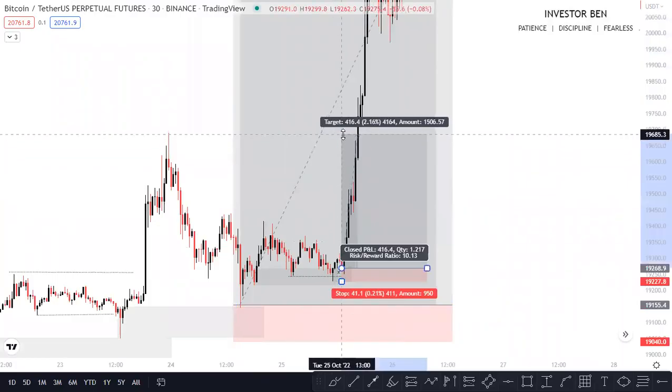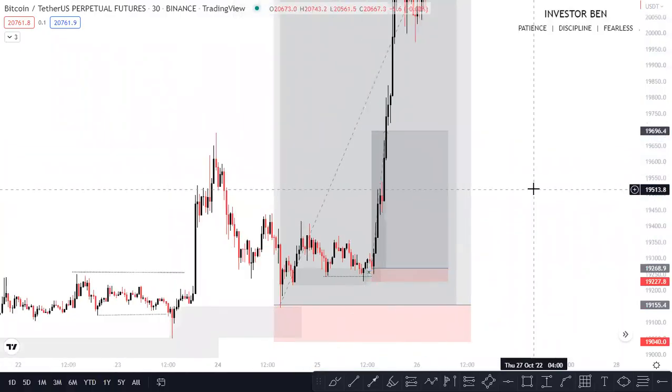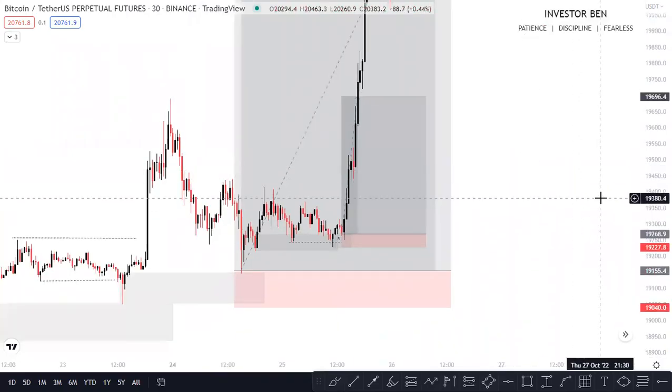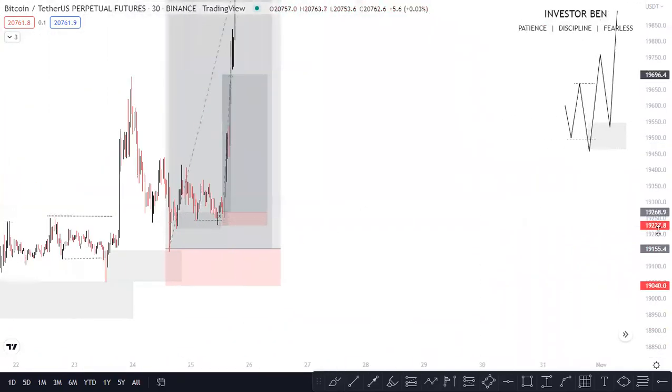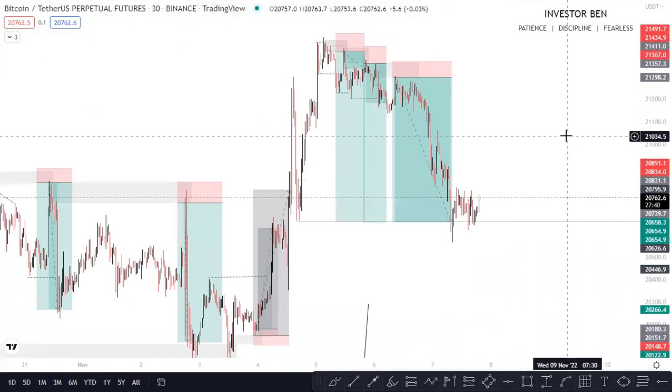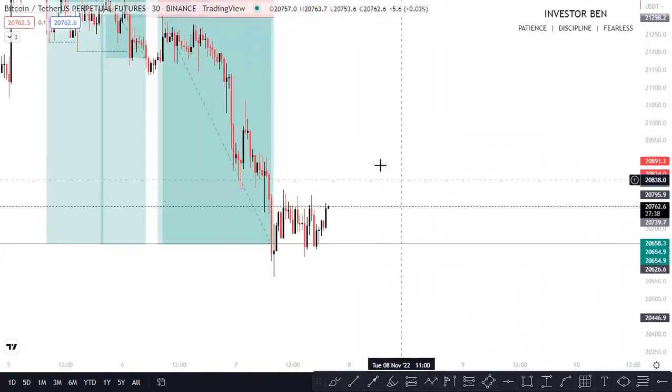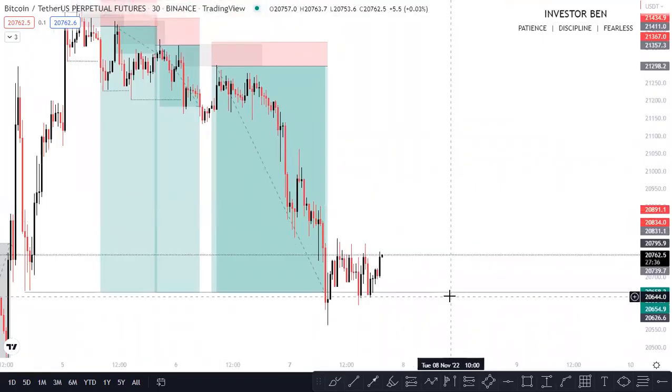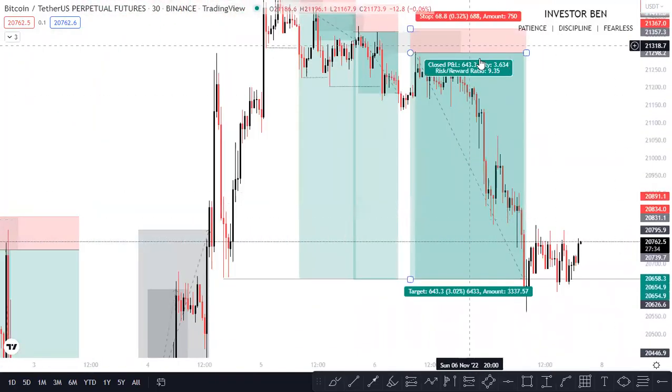And you had your impulsive move, maybe you can just target this high as your TP and that'll be 1:10. So everything there is quite simplified for you. That is it, I'll be ending this here.